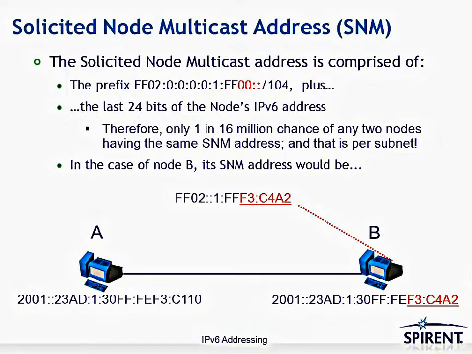I'll talk later about why this is done, but the idea led to the notion that multicast can replace broadcasts in IPv6, because if I know an interface's IPv6 address, I can reverse engineer what its solicited node multicast would be. Therefore I can send a packet on the wire without knowing its actual MAC address and have only that device, or a 1 in 16 million chance that only that device, reply.